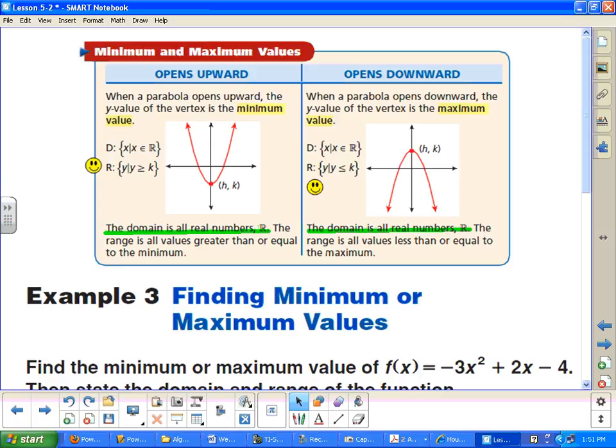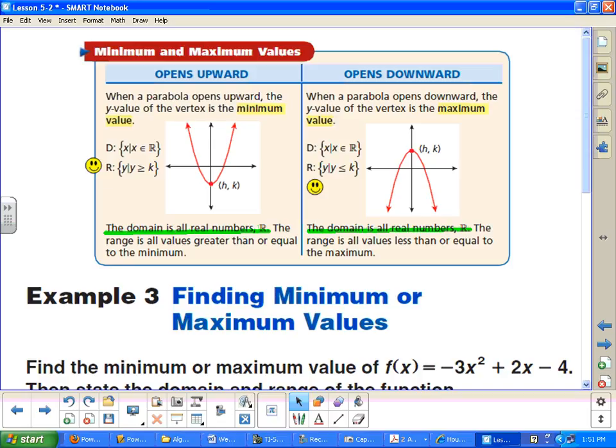So we're going to be finding max and min values, and we're going to be finding domain and range. Always, okay? You heard that word, right? Always. The domain for a quadratic function is all real numbers. The range, if it's a minimum, y is greater than or equal to k.